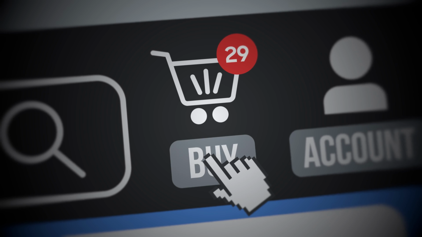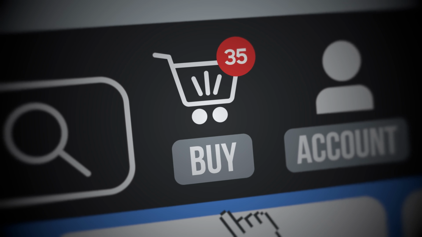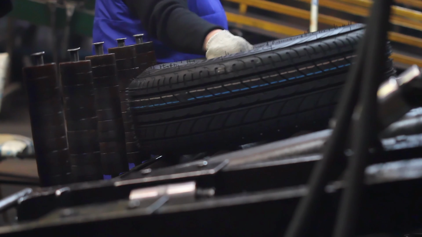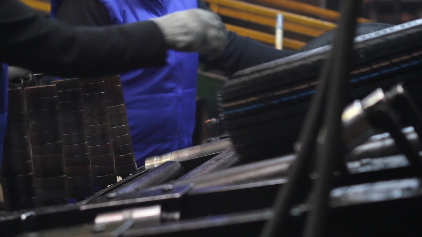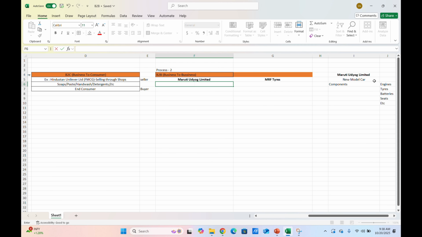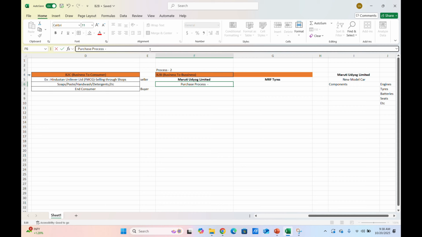In this case, Maruti Udyog Limited procures tires from MRF. So for Maruti Udyog Limited, it will be a purchase process, because they are going to procure the tires from MRF. I'm going to write.